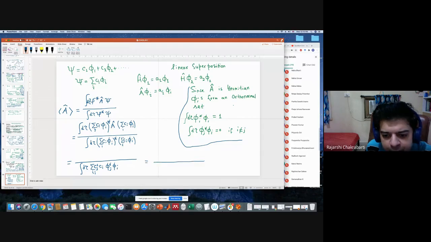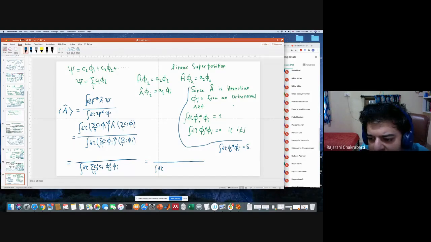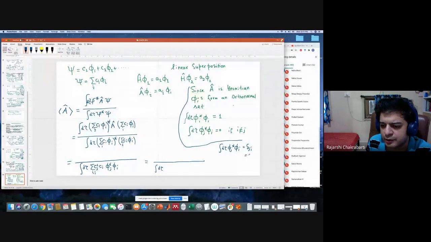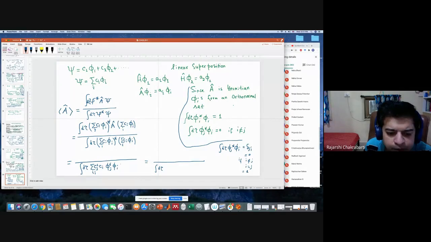In the denominator what you have is d tau, and I told you that the integral of phi j star phi i d tau is 0 if i is not equal to j. In general I have an integral of phi j star phi i, which is given by delta ij. This is a Kronecker delta. So this is 0 if i is not equal to j, otherwise if i equals j, this value is 1. So only when i equals j will the value survive; other values will not.